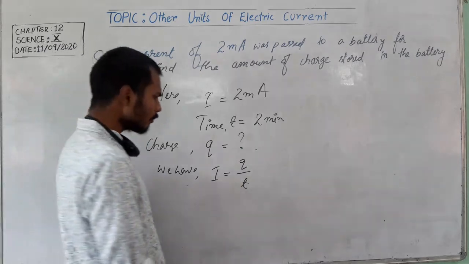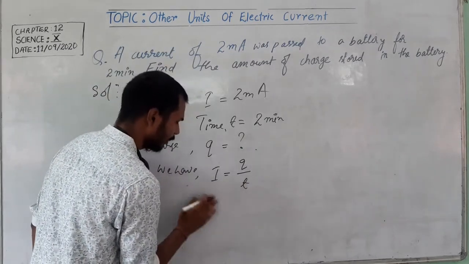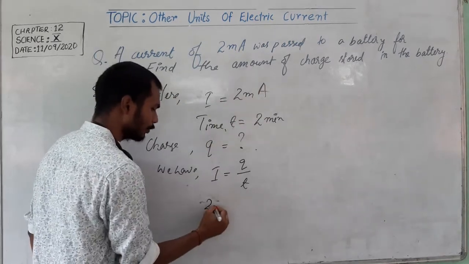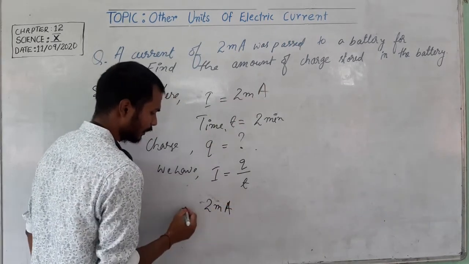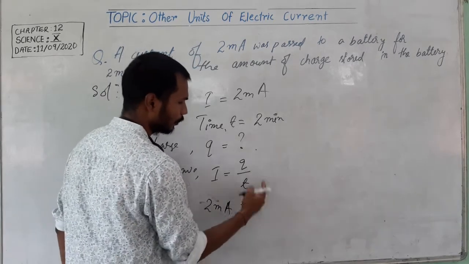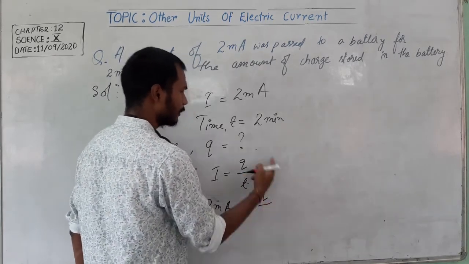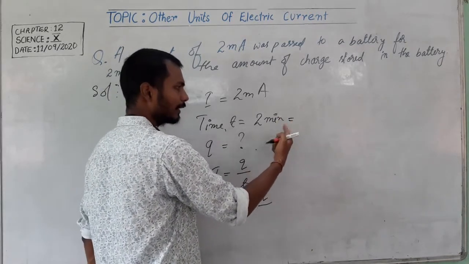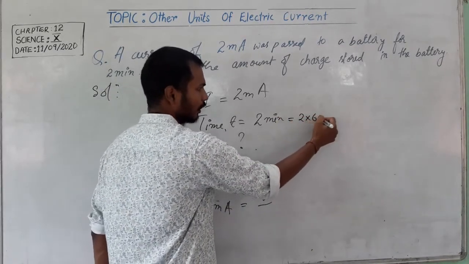Now see, what is the value of current from the given? 2 milliampere. So write down 2 milliampere. This implies that 2 milliampere is equal to charge, not given, divided by time, 2 minutes. Now you have to convert this 2 minutes into seconds. How many seconds in 2 minutes? 2 into 60 seconds.